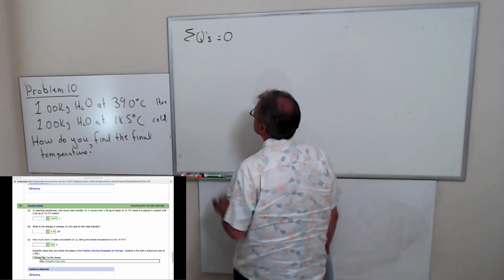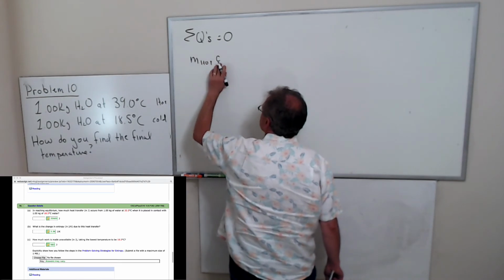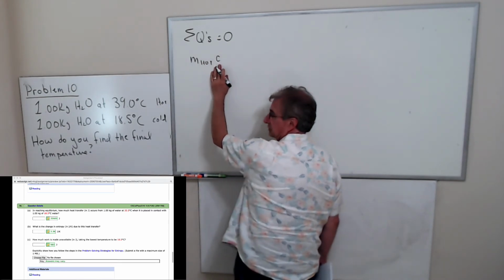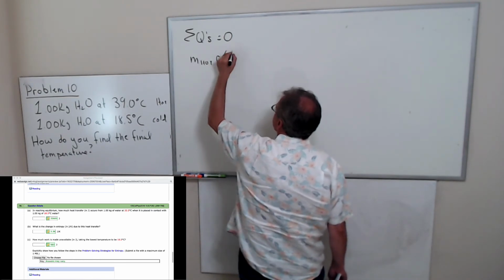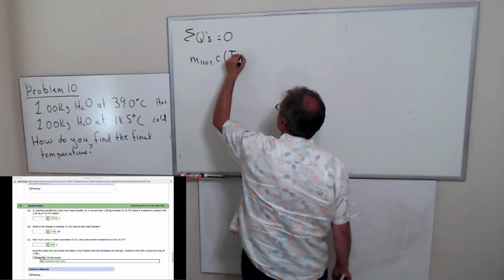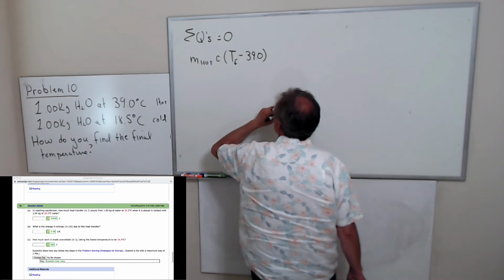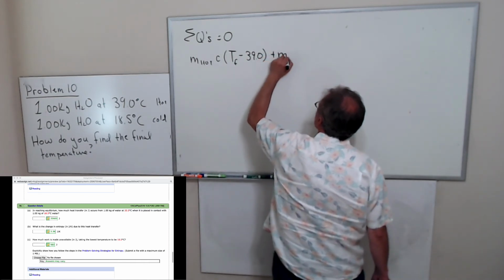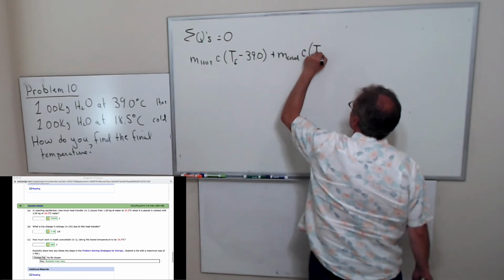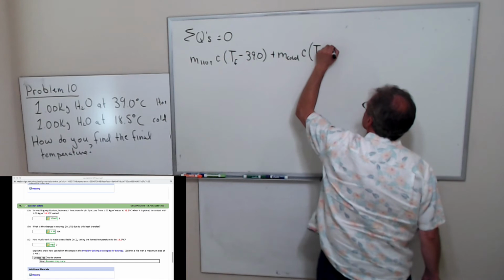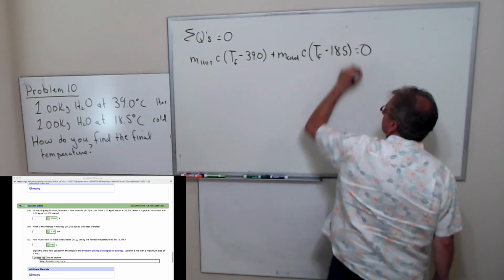Although they're the same mass, but I'm going to say M hot C, which is the specific heat of the water, times T final minus 39.0, plus M cold times C, T final minus 18.5 equals 0.